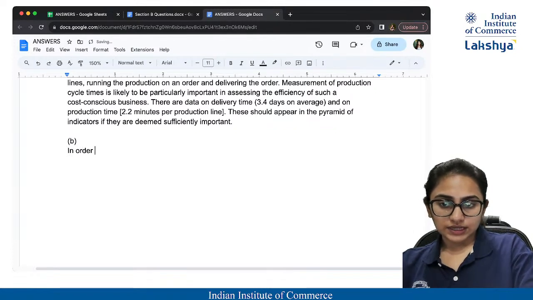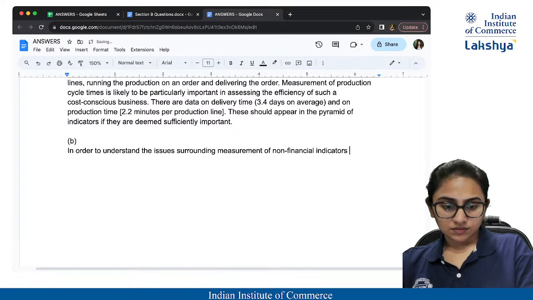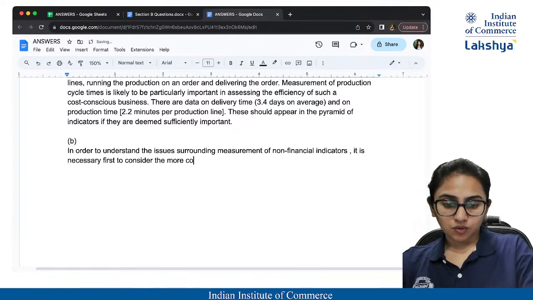In order to understand the issues surrounding measurement of non-financial indicators, it is necessary for us to consider the more commonly used financial ones.